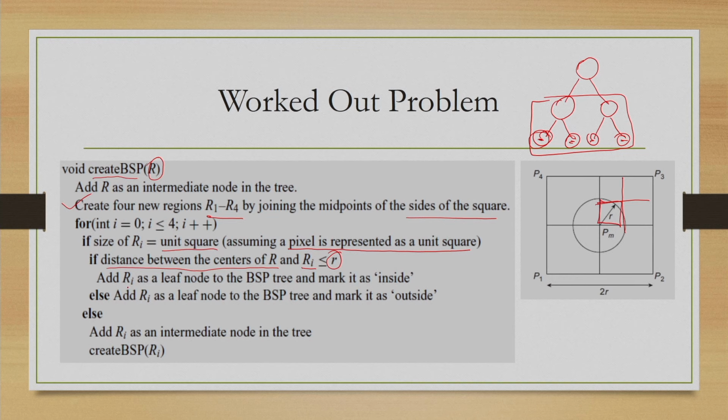So, we add it as a leaf node to the BSP tree and mark it as inside. Otherwise, we mark it as outside, although we add it as part of the BSP tree.